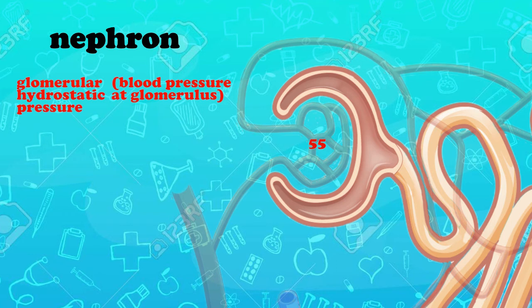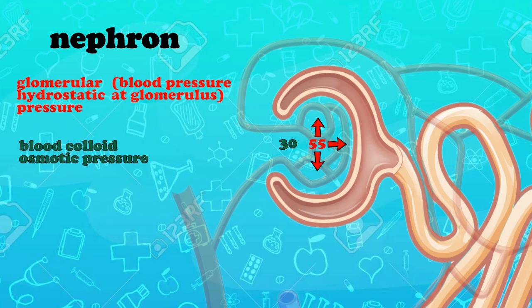All of that pressure is pushing out from inside the glomerulus. Then there are 2 pressures that are pressing into the glomerulus. The first is called blood colloid osmotic pressure. That's about 30 millimeters of mercury. And that's just referring to all of the salts and solids and proteins and everything that's in your blood that is attracting water into the arterioles.